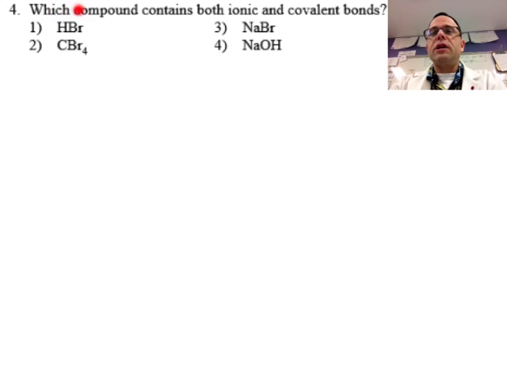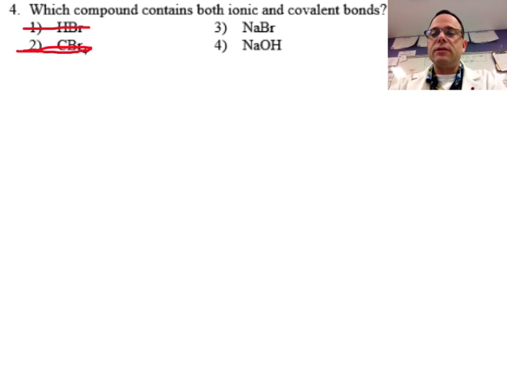Number 4, which compound contains both ionic and covalent bonds? Now remember from a moment ago, the last question, if you see three or more different elements together in a formula, you must be suspicious. So number 1 has hydrogen and bromine. It cannot be that. Number 2, carbon and bromine.